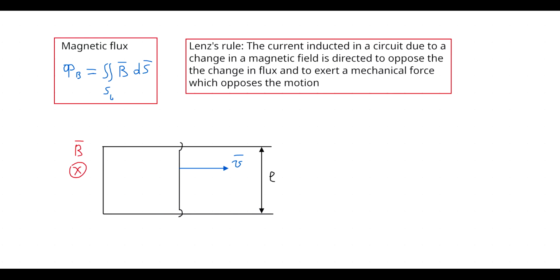So the next question is how to define the direction of this inductive current. There may be two directions, and we should choose one of them. Electric current in the rod may have two directions, this and this. So which direction should we choose? We should do this according to the Lenz rule.